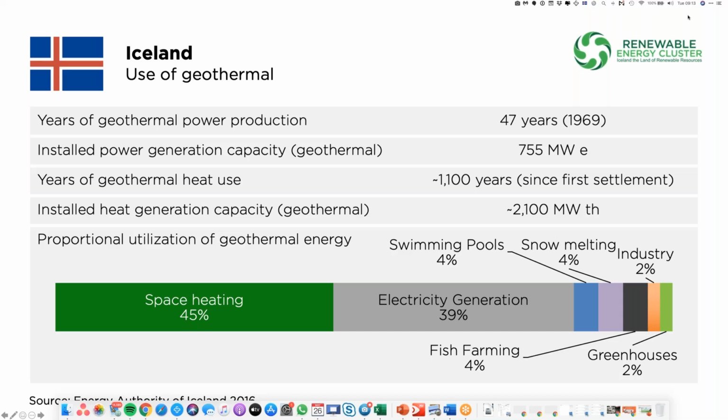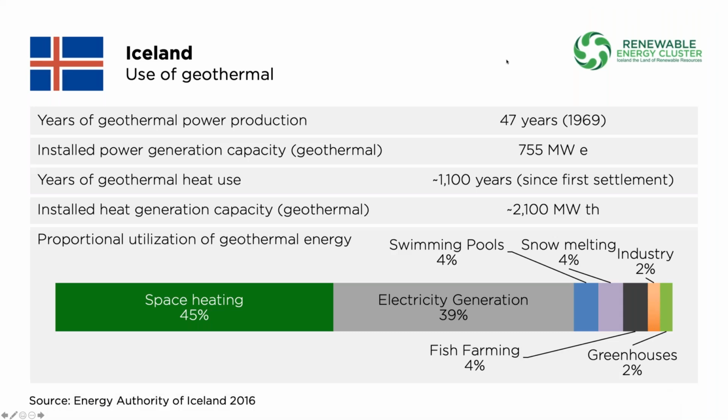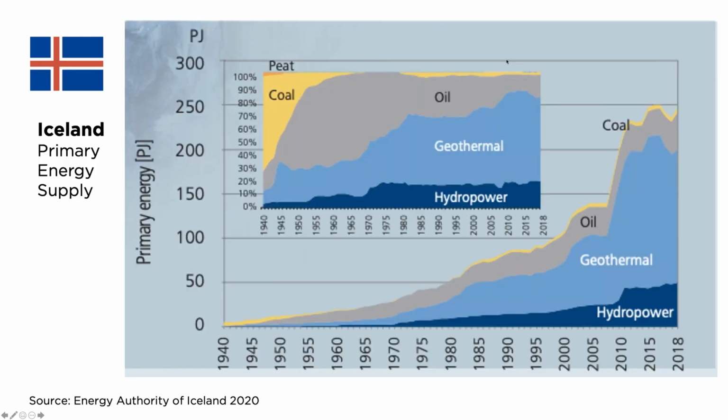The rest goes for heat use in swimming pools, snow melting, fish farming, greenhouses, and industry, and plays a really important role in the overall energy context of the country. And the importance is shown in this overview. It's not a fantastic graphic, but it shows you the importance in the overall primary energy supply of Iceland.